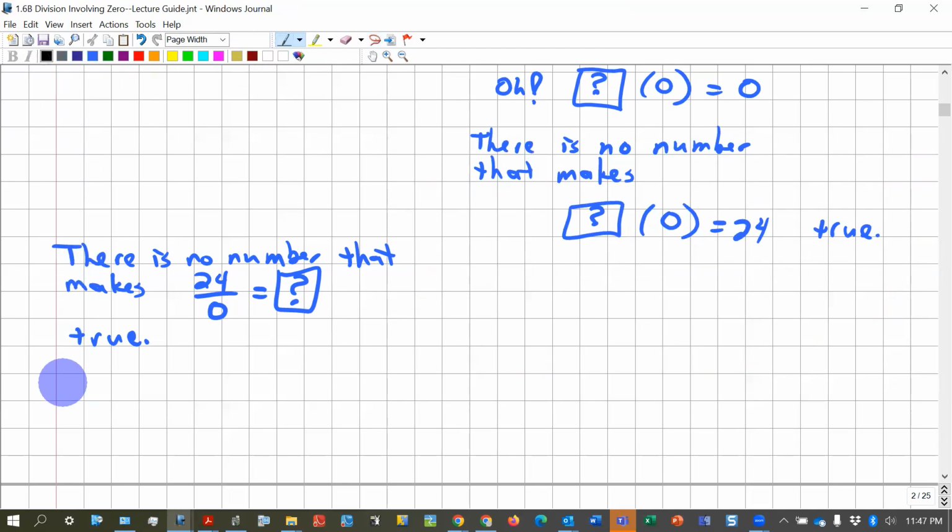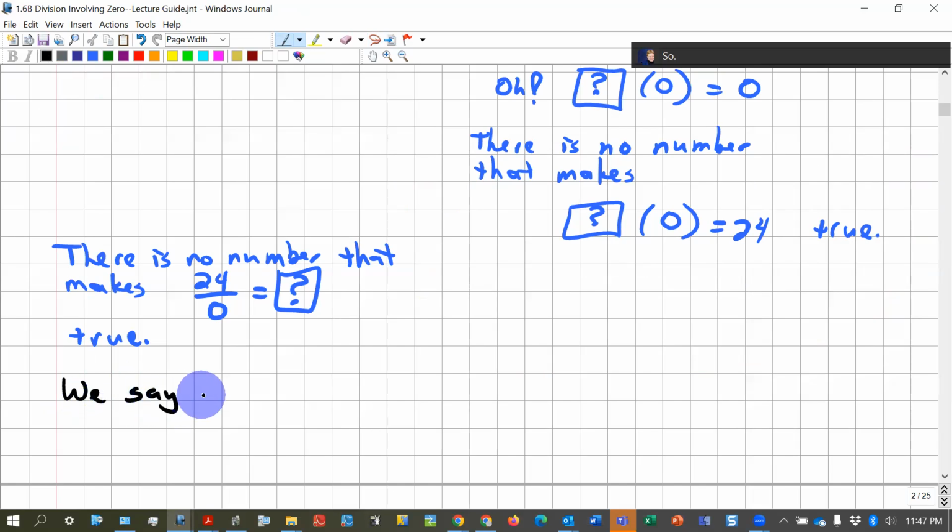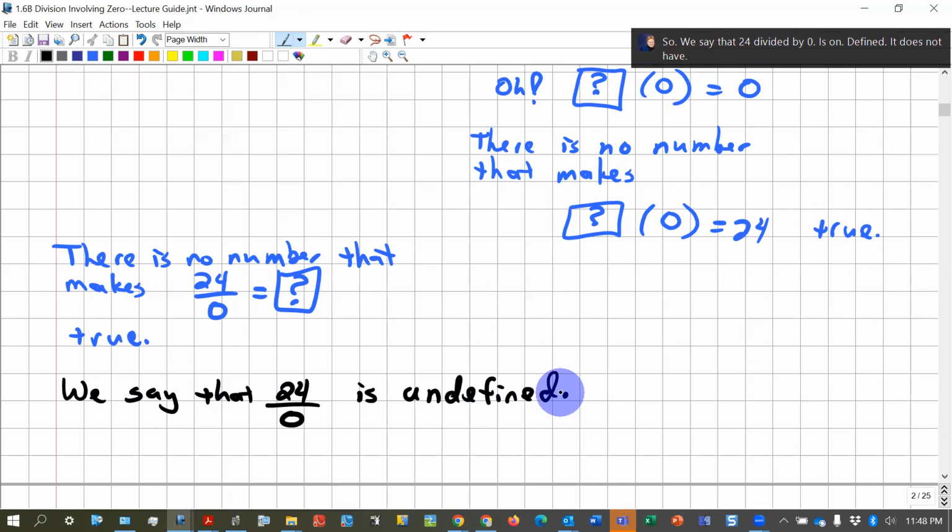So we say that 24 divided by 0 is undefined. It does not have a definition. It looks like a fraction. It looks like it should be a number, but it's not a number. If it were a number, we should be able to multiply that number by 0 and get 24, but that's impossible.